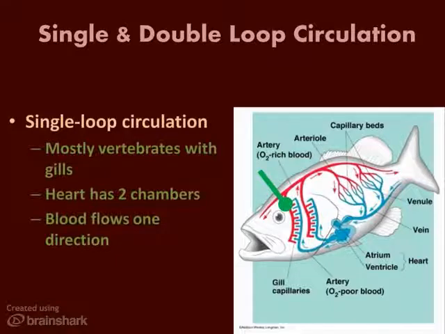If you take a look at the little green arrow there with the ball at the end, it goes from the gills, where it picked up oxygen, it flows to the body, and then into the capillaries, then back to the veins, and finally back to the heart, where it enters the atrium, flows into the ventricle, and it's pumped to the gills to get rid of carbon dioxide and pick up more oxygen. So a pretty simple system there.